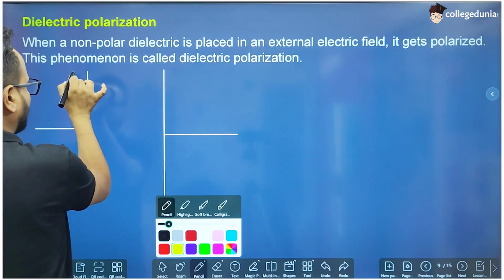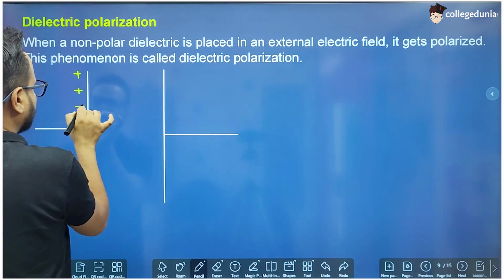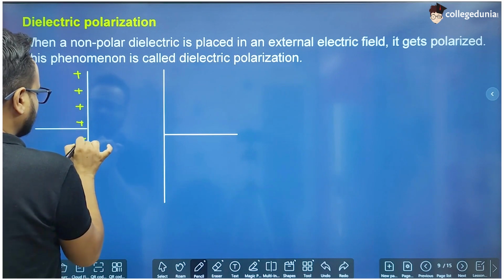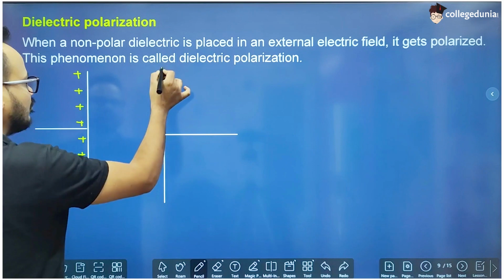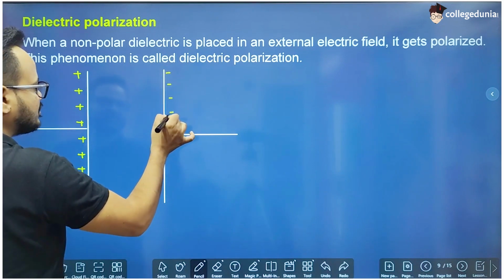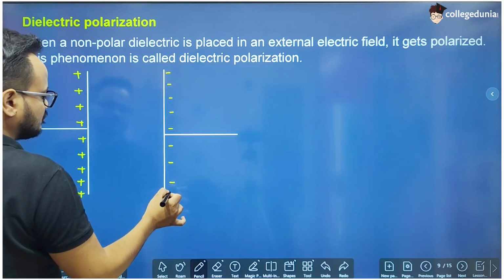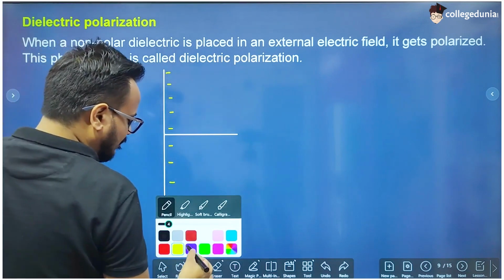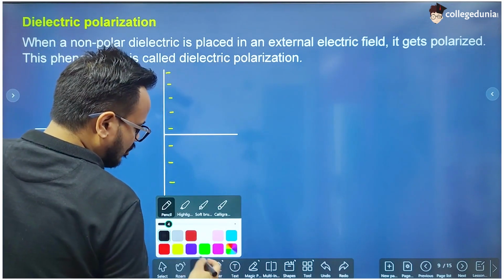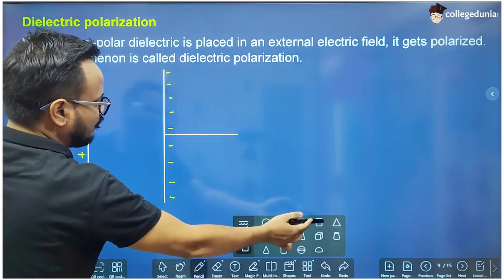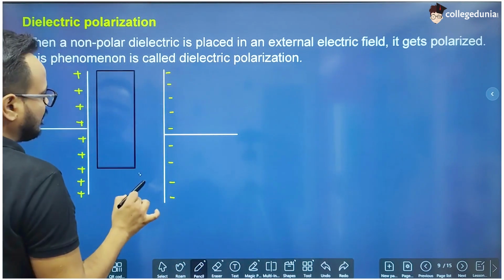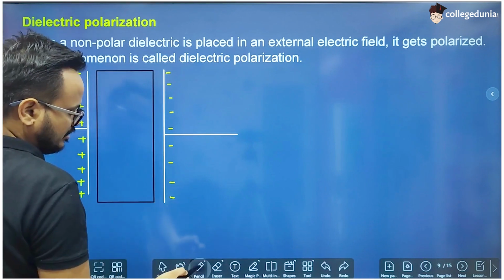Suppose this is a capacitor, so one plate is positively charged and the other plate is negatively charged. And between the plates, suppose we have placed a slab of a dielectric material like this.